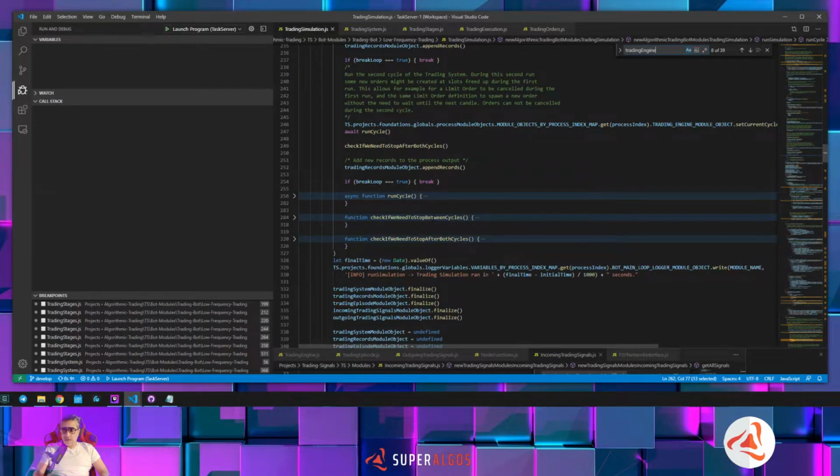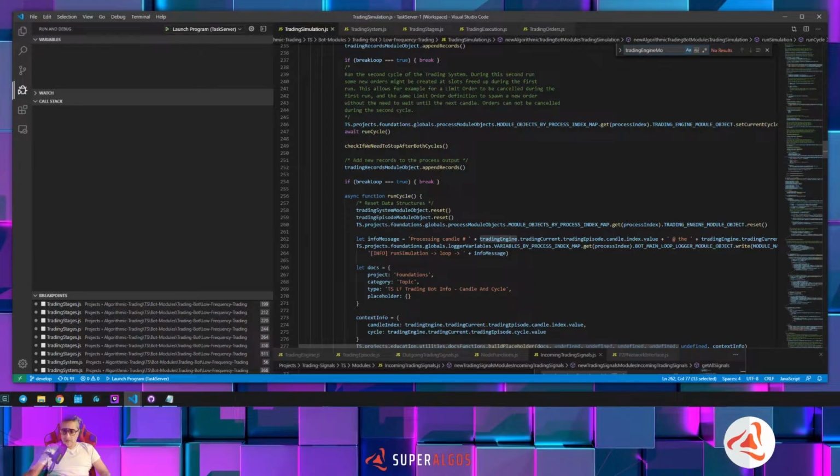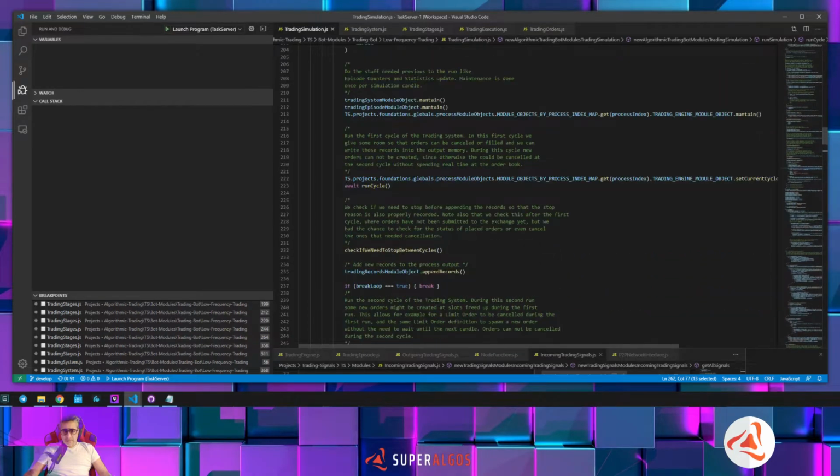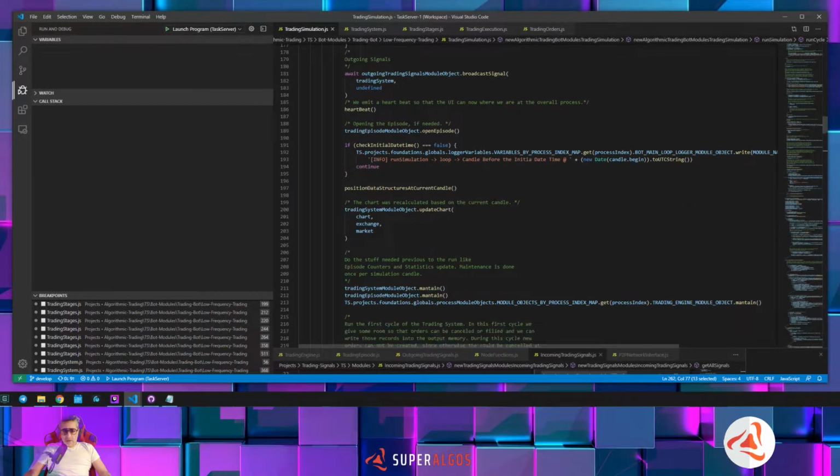Trading engine module? No, there is not. Okay. So let's continue.